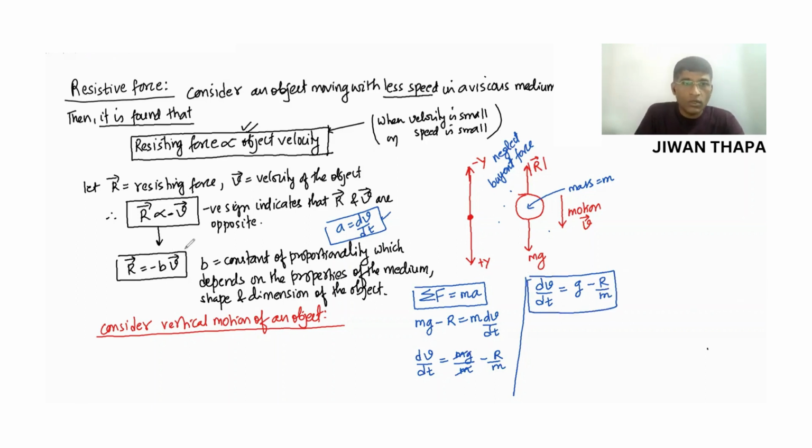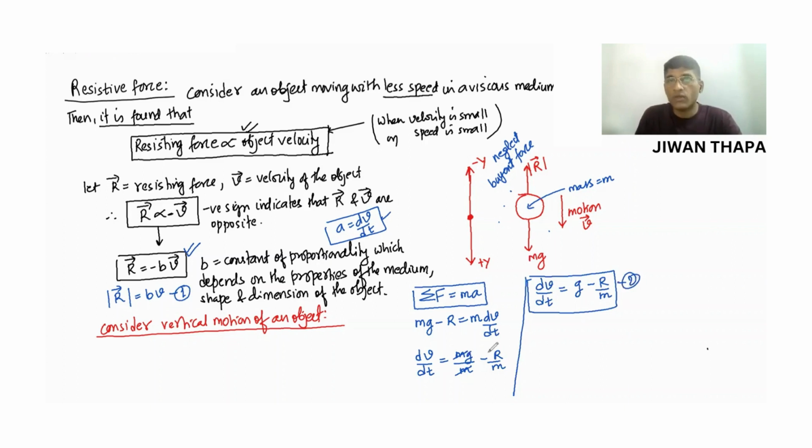Now we know the magnitude of resisting force R equals B times V, because the negative sign indicates that resisting force and velocity are opposite to each other. Let's call this equation 2.